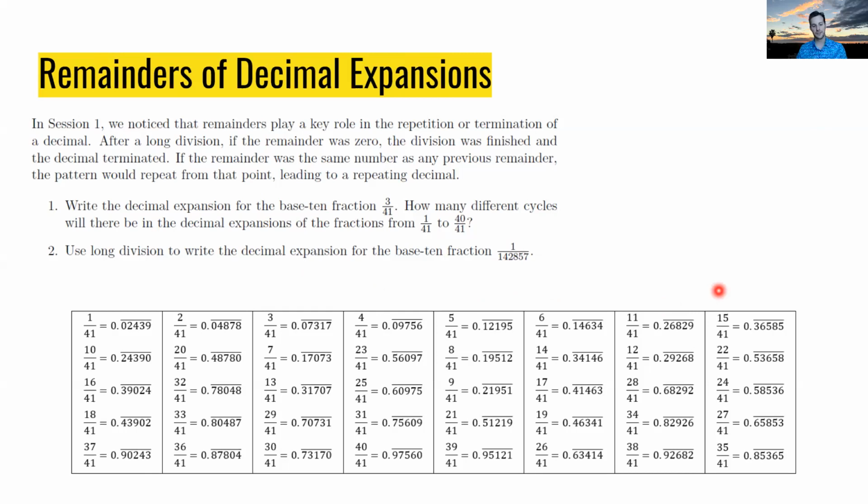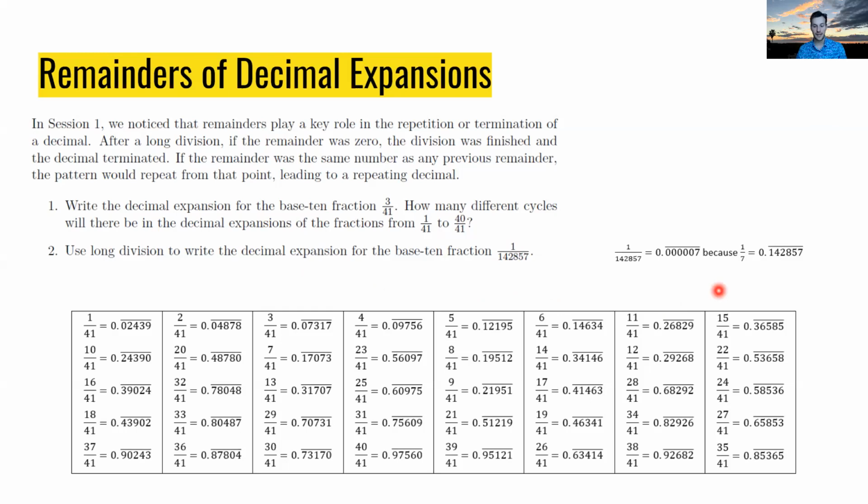Then we looked at the long division expansion of 1 over 142,857. Donna noticed that 1/7 was equal to that decimal expansion, and so it would make sense that the decimal would become 0.00000700007 repeating.